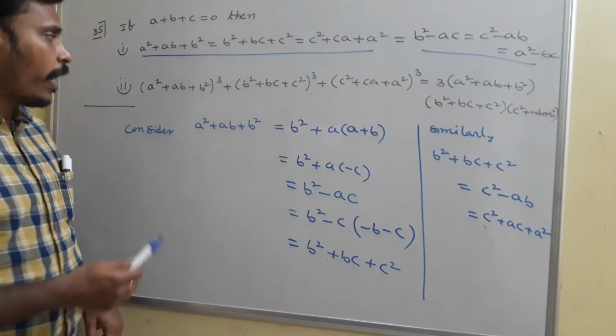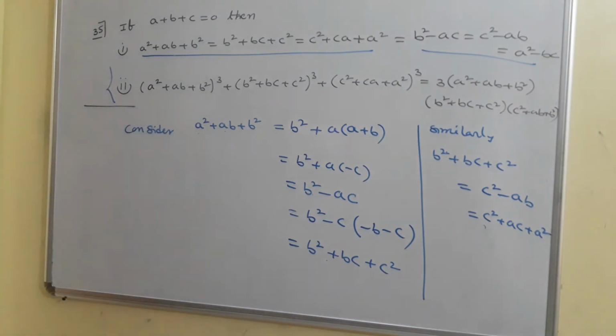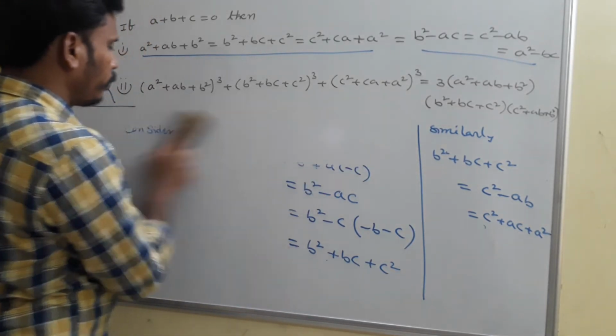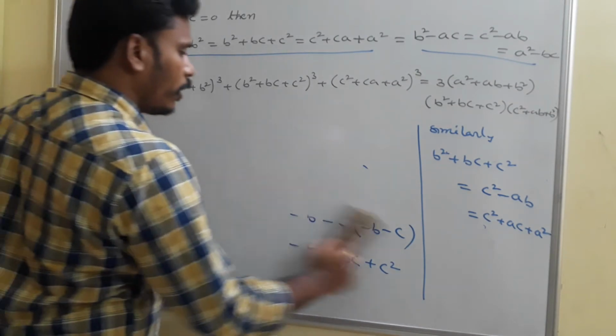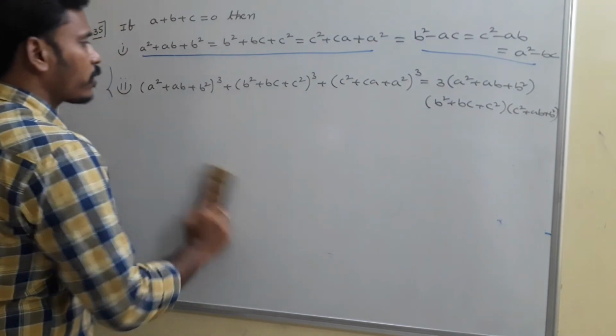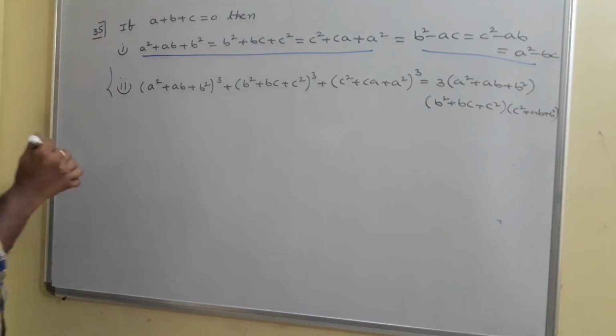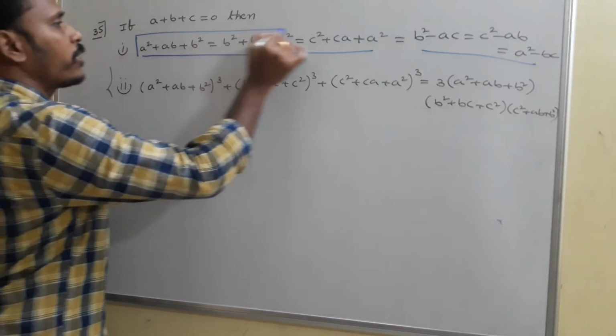Just have a look and then think about the second bit. It is also somewhat logical actually. See, the first bit we showed that a square plus ab plus b square, these two are equal as we mentioned in the first bit.